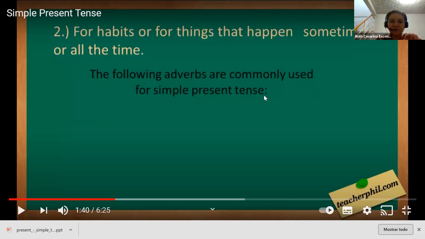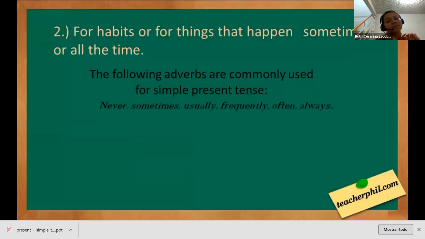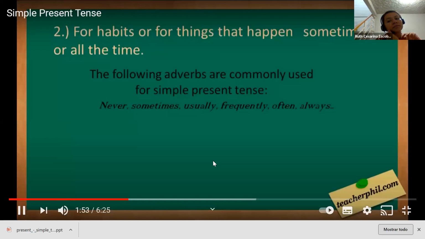The following adverbs are commonly used for simple present tense: never, sometimes, usually, frequently, often, and always.